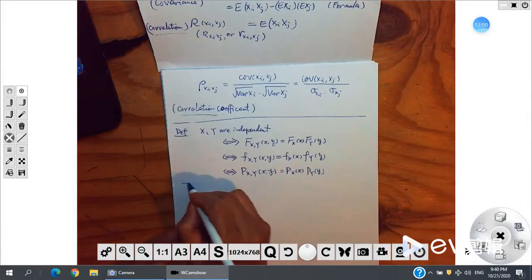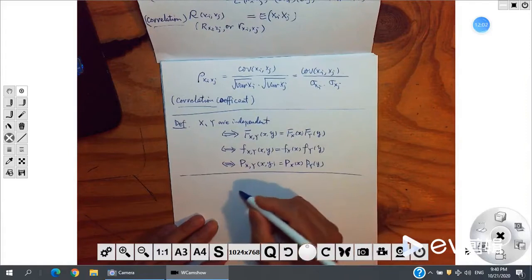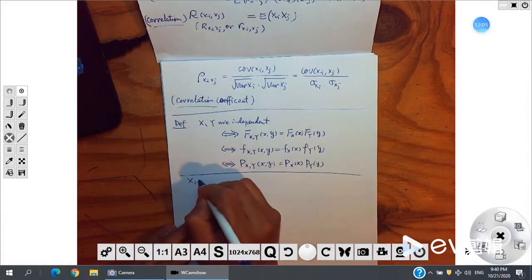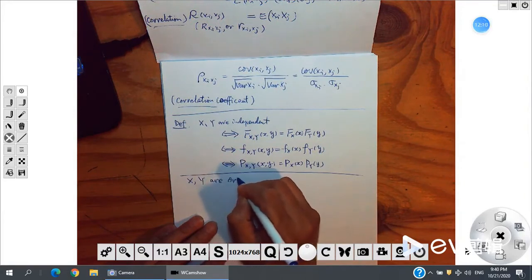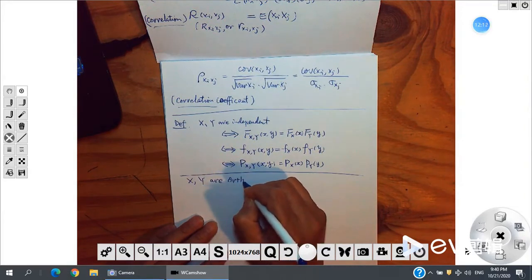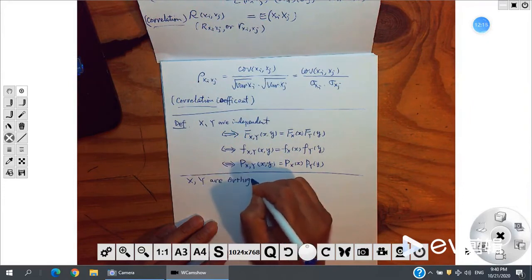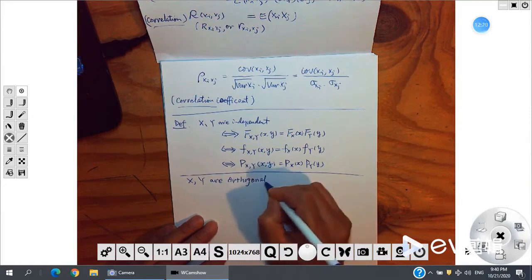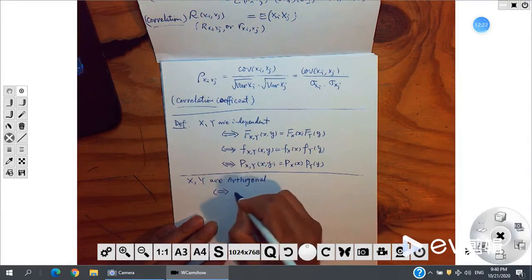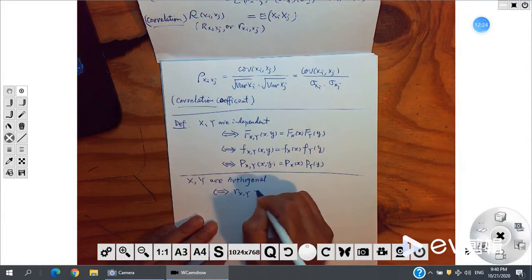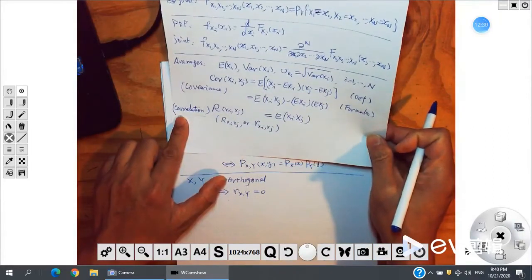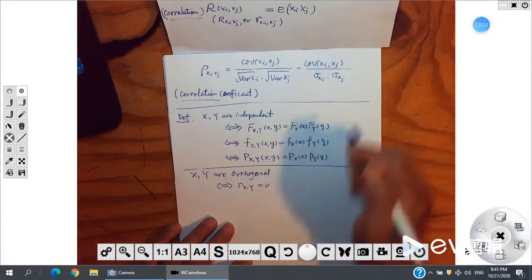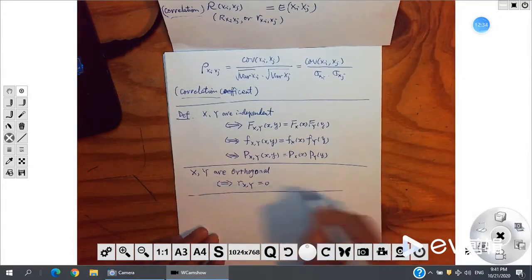And we have another concept, we call X and Y orthogonal if R_XY, the correlation, equals 0. If the correlation is 0, we call X and Y orthogonal.